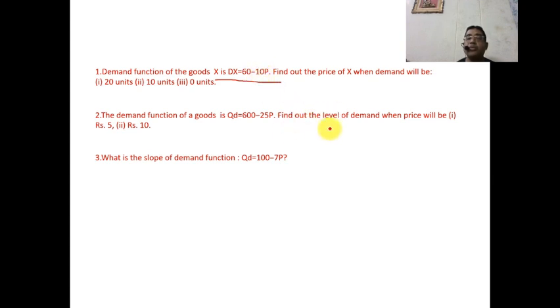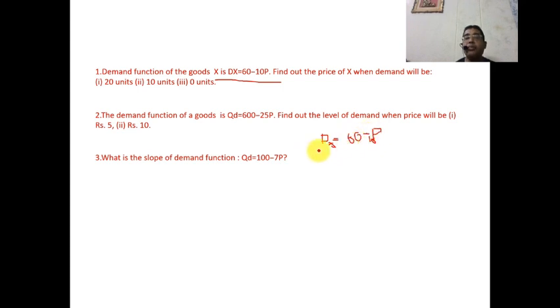Okay, so we write the demand function Dx equals 60 minus 10p.